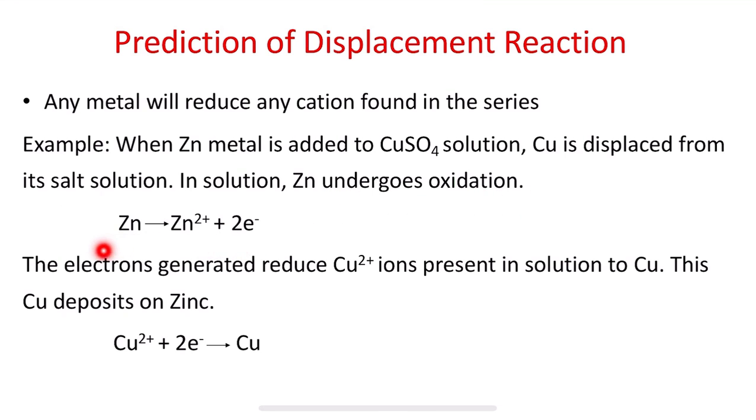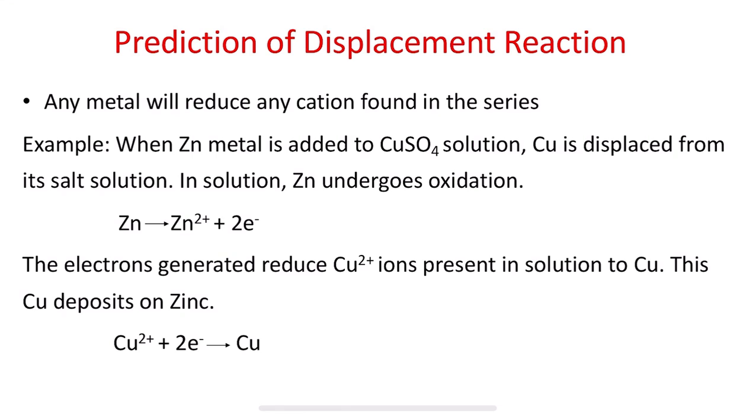This is the oxidation reaction: zinc loses two electrons, that means it gets oxidized to form Zn2 plus. The electrons generated reduce Cu2 plus ions present in the solution to copper. Cupric gets reduced to copper, so the copper deposits on zinc, and this is the reduction reaction which takes place.